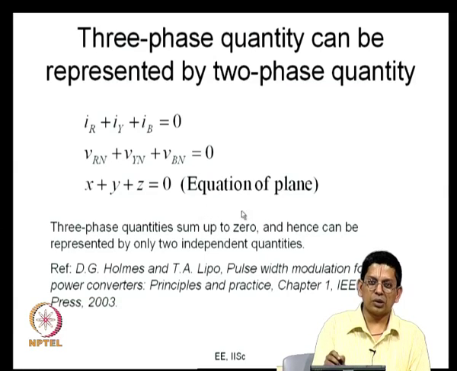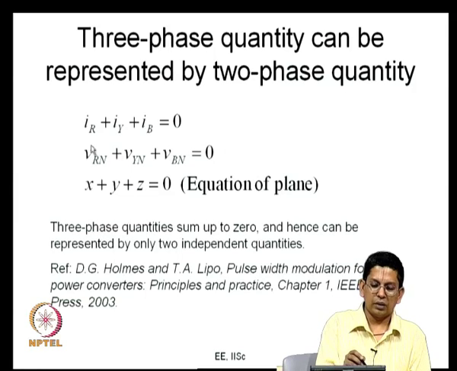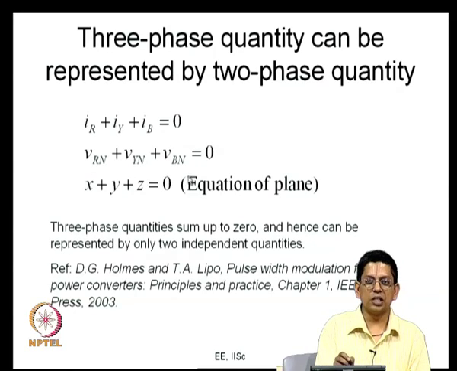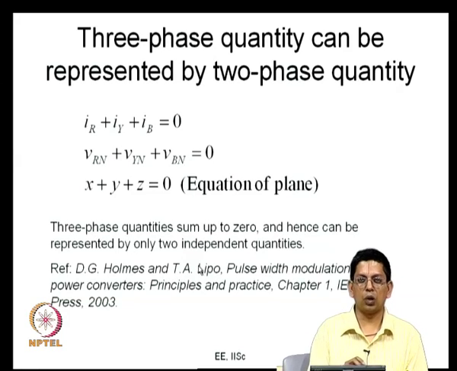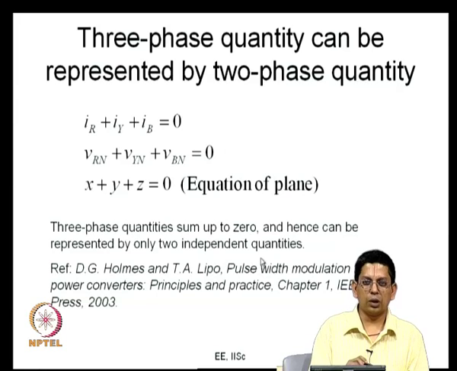So, a 2 dimensional space can be spanned by simply 2 orthogonal vectors. So, a 3 phase quantity like this can be represented by just a 2 phase quantity I alpha and I beta. Similarly, a 3 phase quantity such as this can be represented by 2 phase quantities, namely V alpha and V beta. That is the moral of this. The 3 phase quantities sum up to 0 and they can be represented by only 2 independent quantities now.